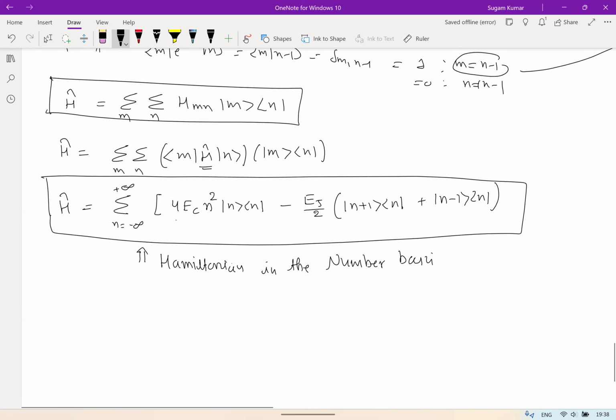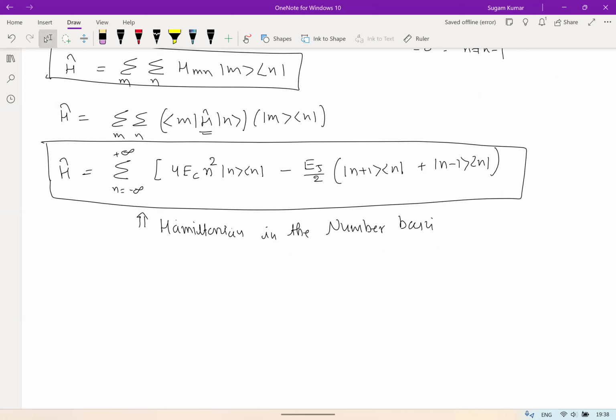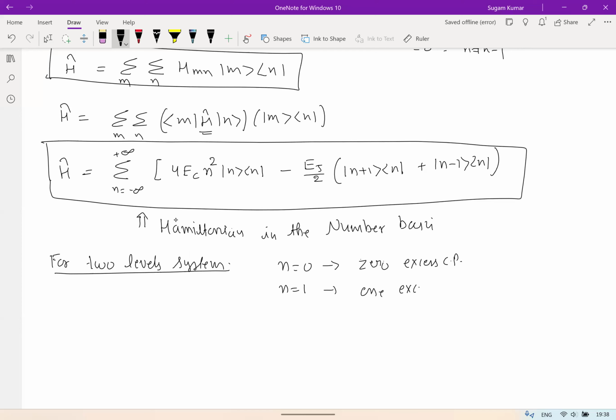And now from here onward, I'm going to make our life simple. So we go only for a 2-level system. 2-level system means only n equal to 0 and n equal to 1. So when I say n equal to 0, it means 0 excess Cooper pair, and 1 excess Cooper pair.